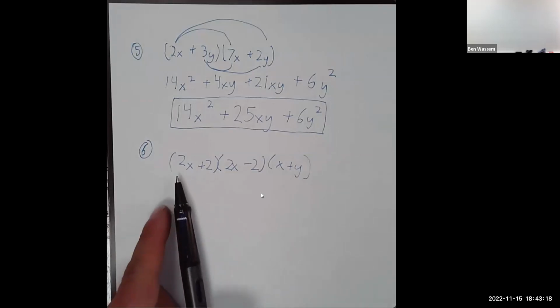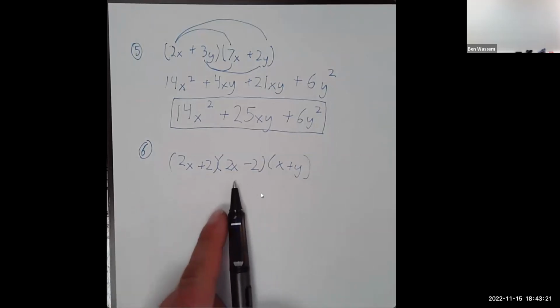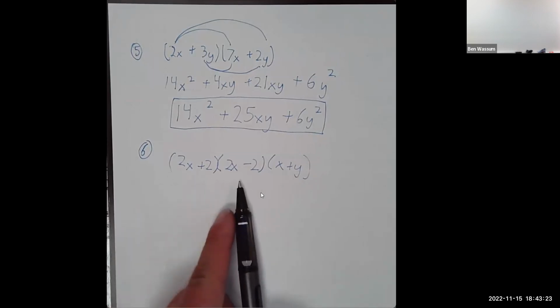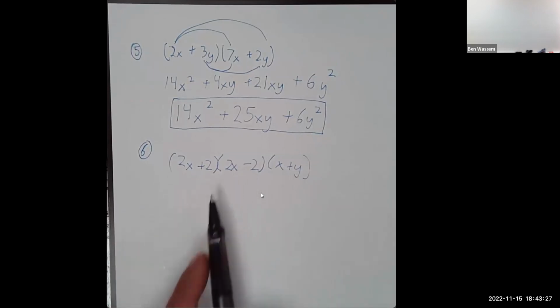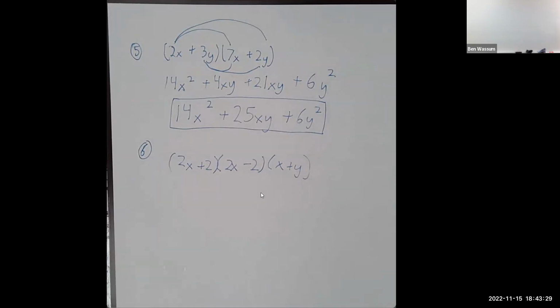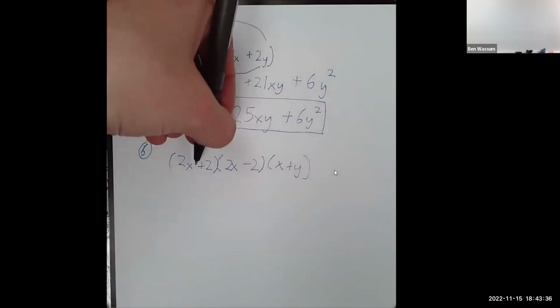So right away, this one looks very similar to the one we did earlier, where it was the same stuff with a different sign in between. So I would say I want to multiply those two together first, right? Those are going to be the easiest to multiply together.